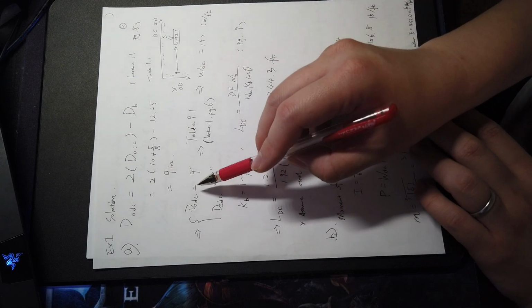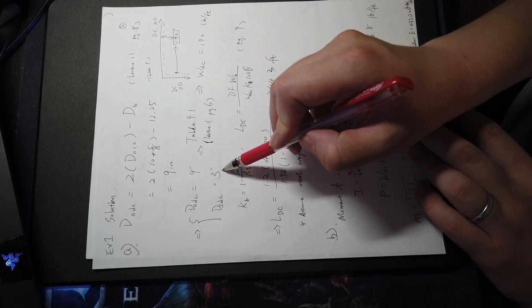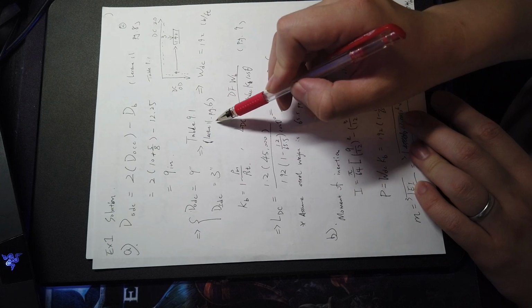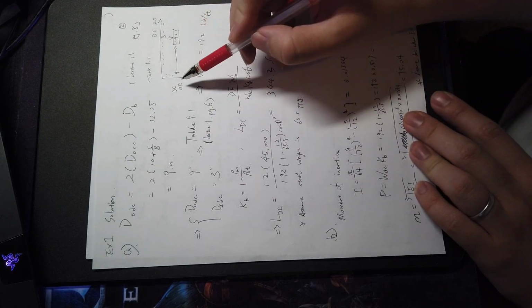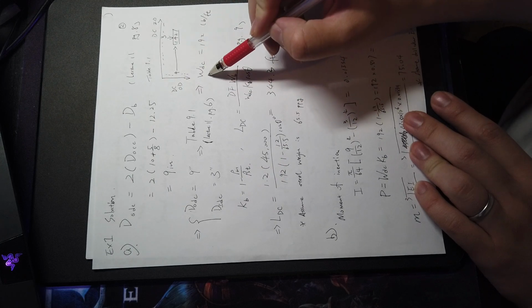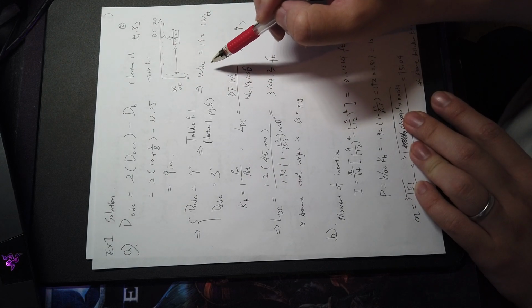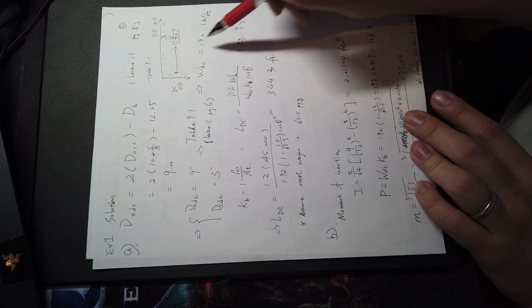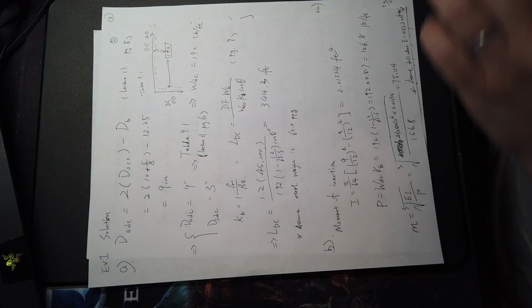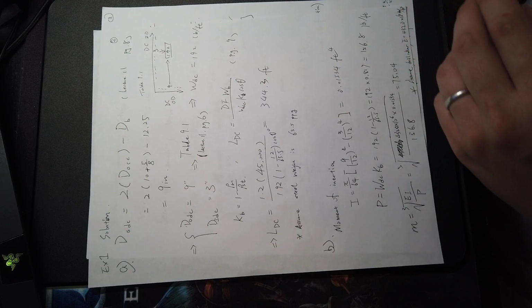Then with the OD of 9 inch and ID of 3 inch, and using the table on lecture 11, page 6, table 9.1, we can locate the weight per length of this drill collar. I have the table printed out, so I'll just show you the step.